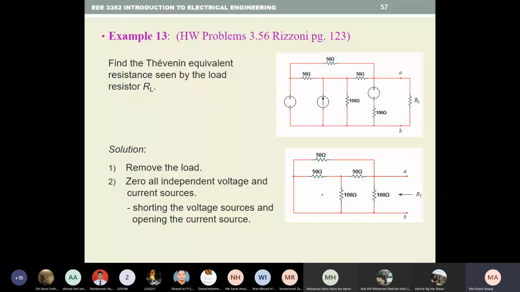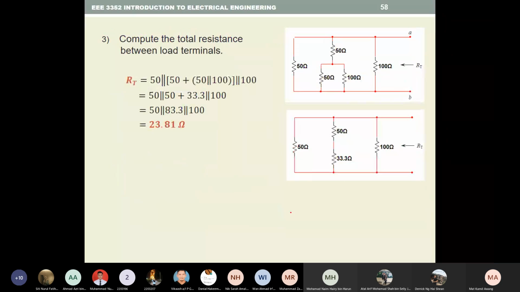Basically, first you see that these two are in parallel, so 50 parallel with 100. So you redraw, and you get this. Now you can see 50 is parallel with 100, then you add the 50.